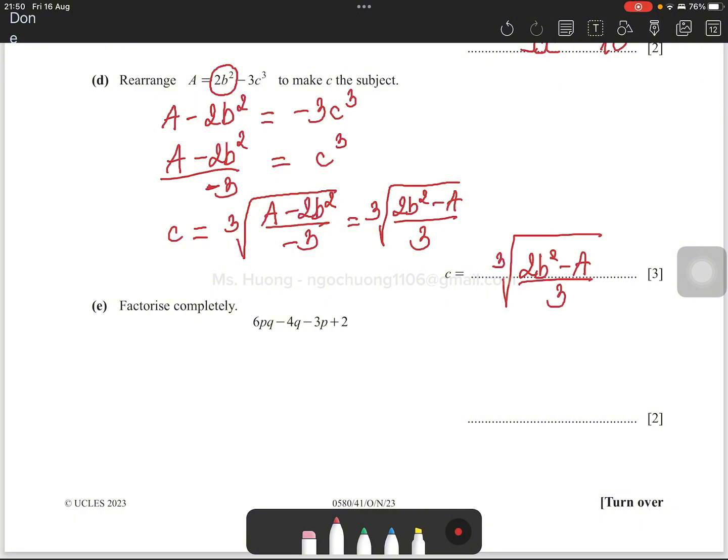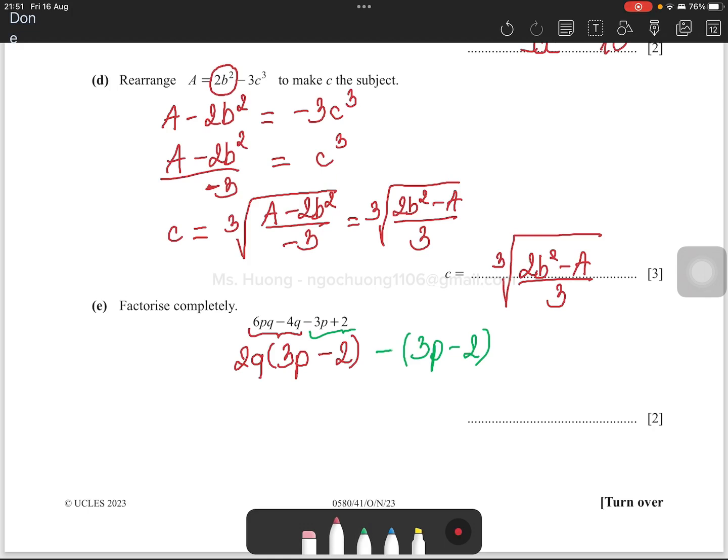Factorize completely. For the first pair, the common factor is 2q, and 6pq divided by 2q equals 3p. -4q divided by 2q is -2. For the second pair, we just write minus and then 3p minus 2 is left in the brackets.